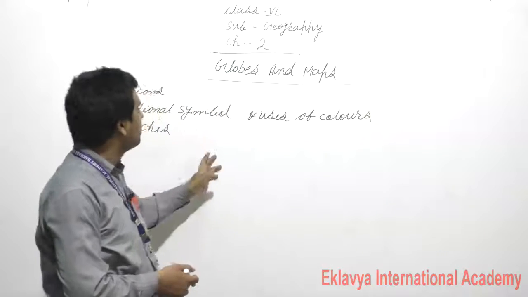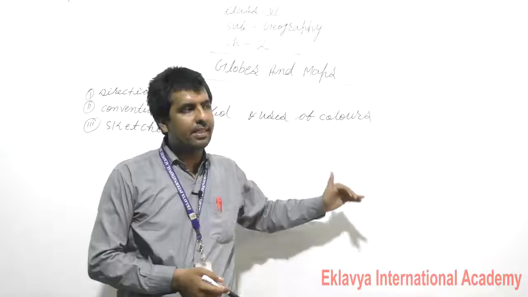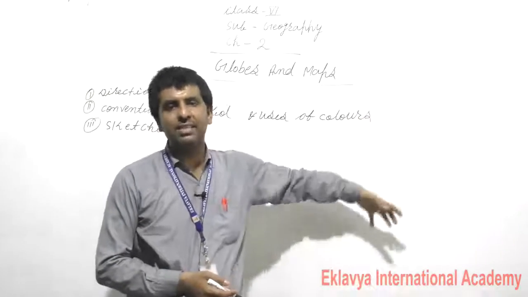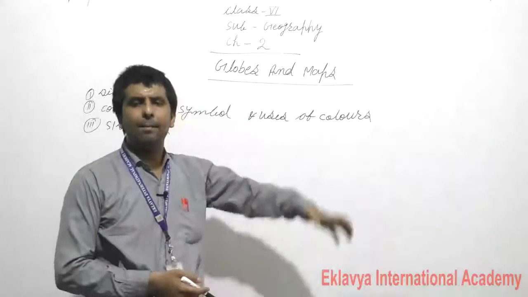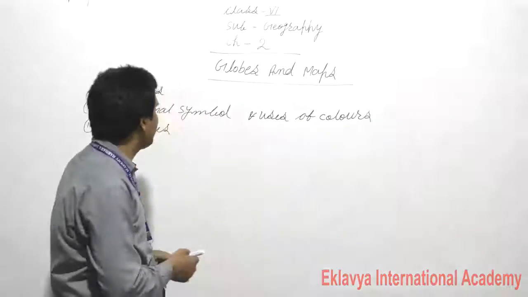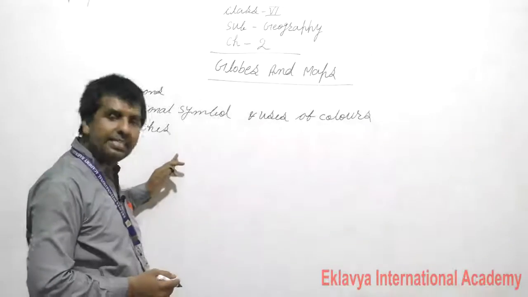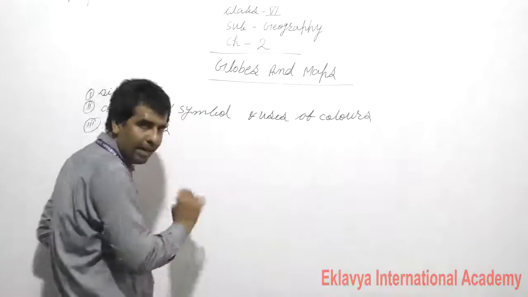This symbol denotes the school is here, this is a pedestrian, this is a railway station, this is a tree. There are many types of these, so that you can understand easily by the help of conventional symbols. I am giving an example.